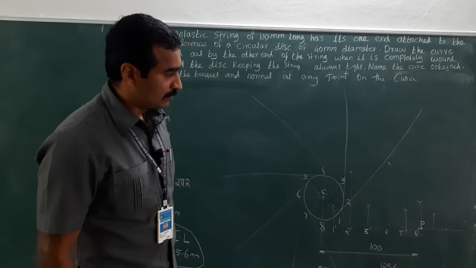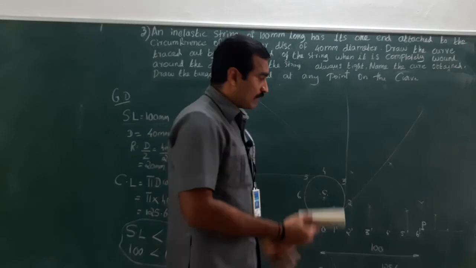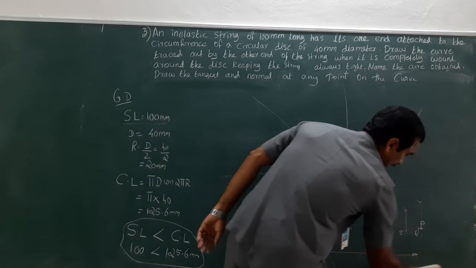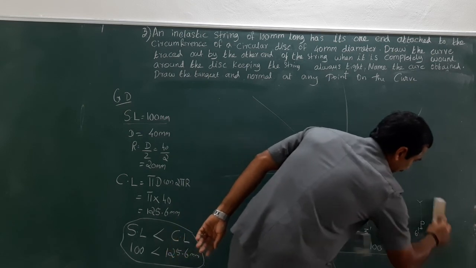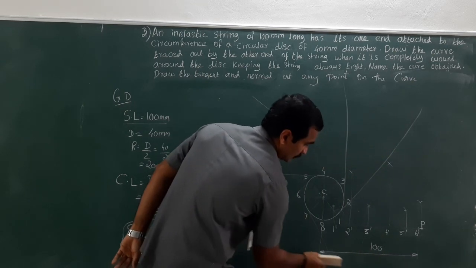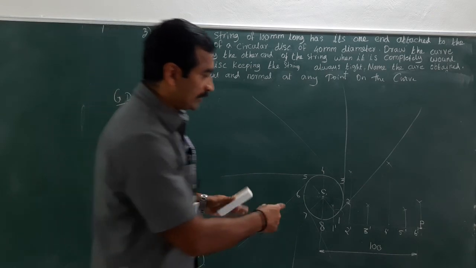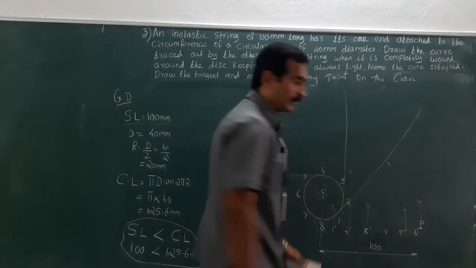Got it? So in order to avoid confusion, let me wipe off all the lines which are not required, as they will unnecessarily create confusion. Now this portion has been divided.